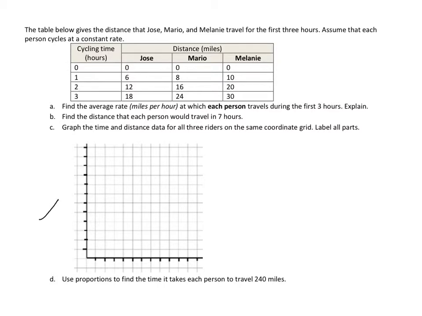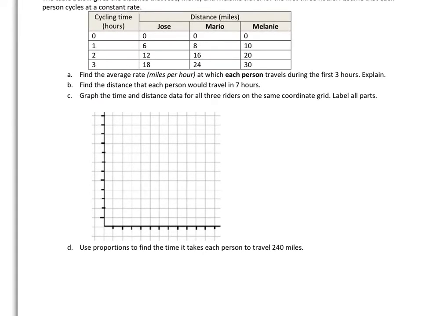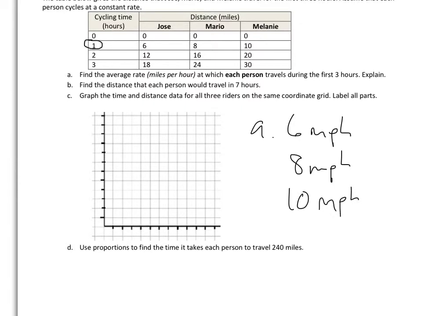Continuing on, this table below, okay, this one was pretty easy. We had gone over this before. If we find the miles per hour, we just look for how far they go in 1 hour. For part A, Jose was 6 miles per hour, Mario was 8, and Melanie was 10 miles per hour. Part B, find the distance they would travel in 7 hours.